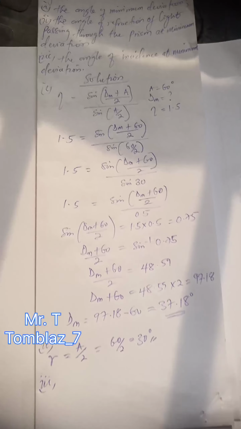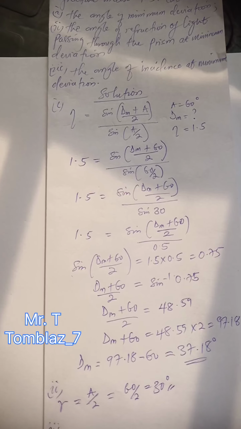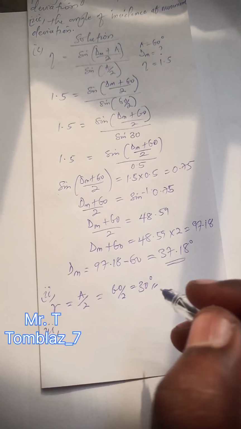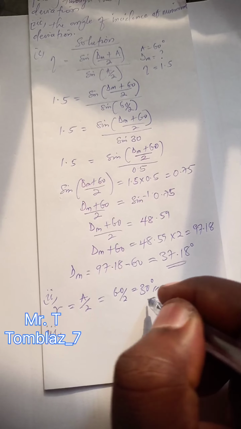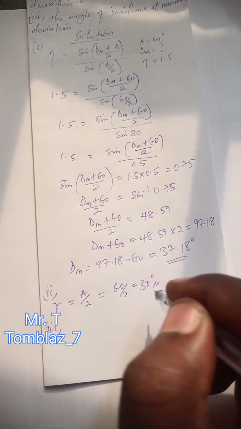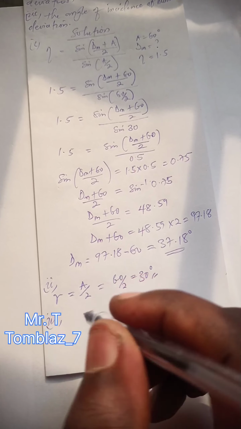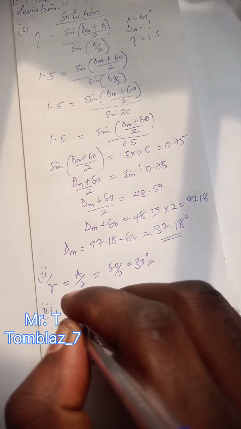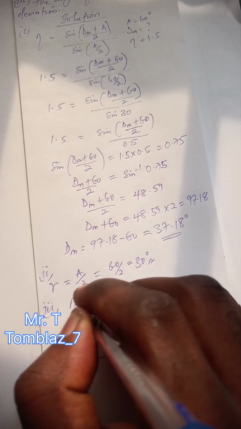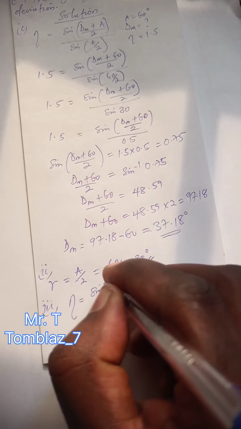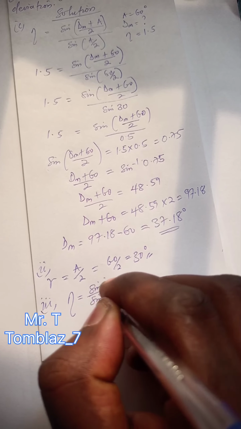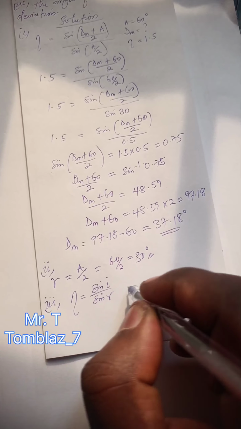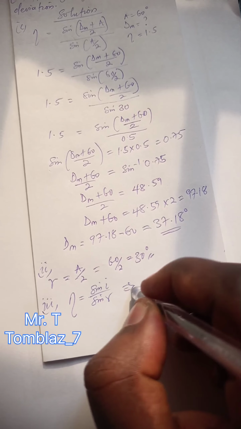We go to the last part, which says we should calculate the angle of incidence at minimum deviation. So at this minimum deviation that we have this value and this refracting angle, we should find the angle of incidence. So we all know that refractive index is equal to sine i all over sine r, right? So since we are looking for sine i, we can make sine i the subject of the formula.